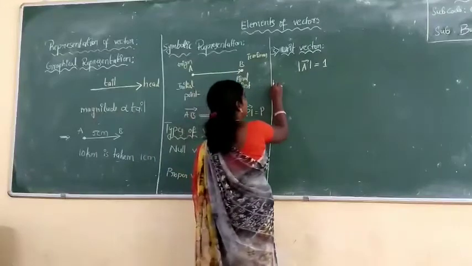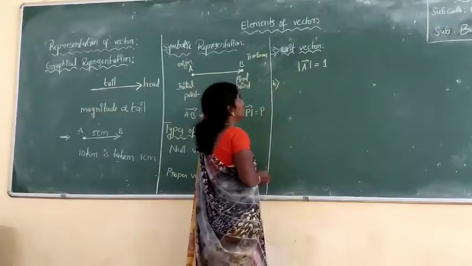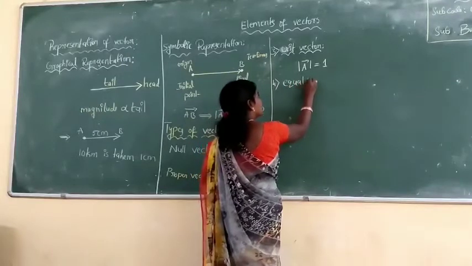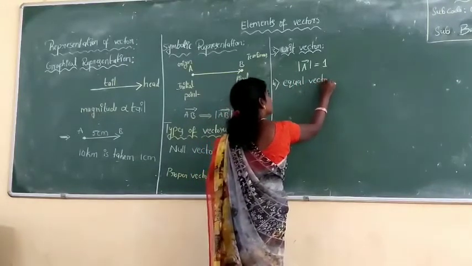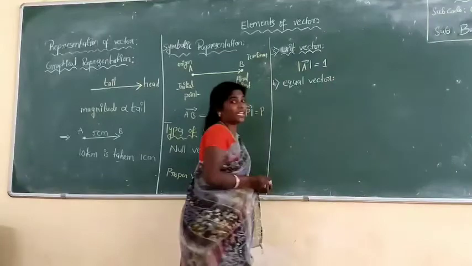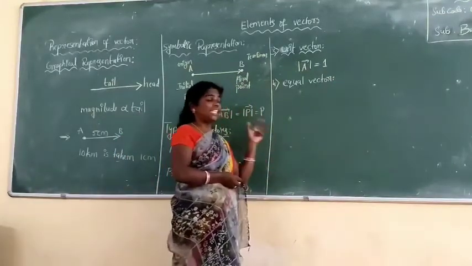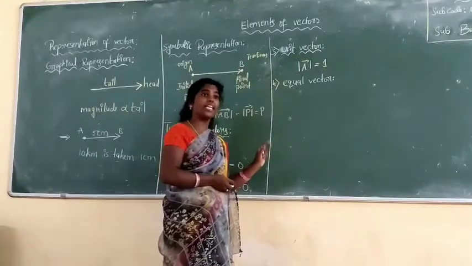Next, fourth one, equal vector. Equal vectors are the vectors having the same magnitude and the same direction. It is one of the vectors.